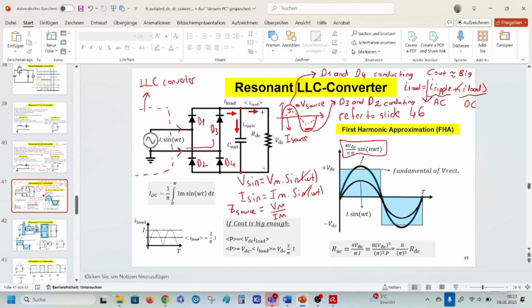Actually it's not right, because if you have such an output current signal, that means the output cap would be 0.